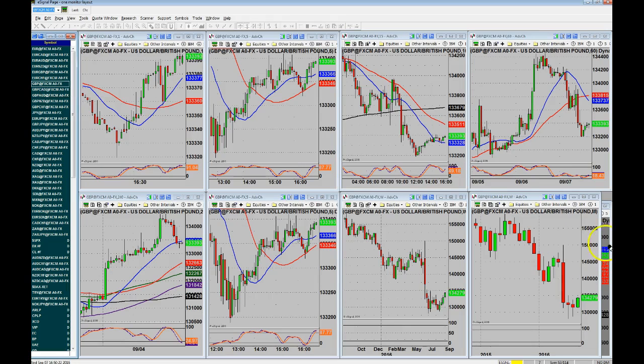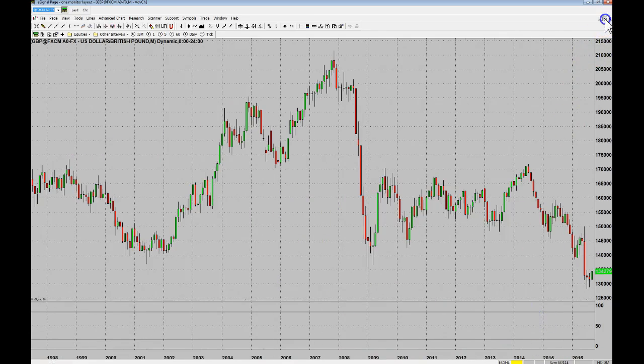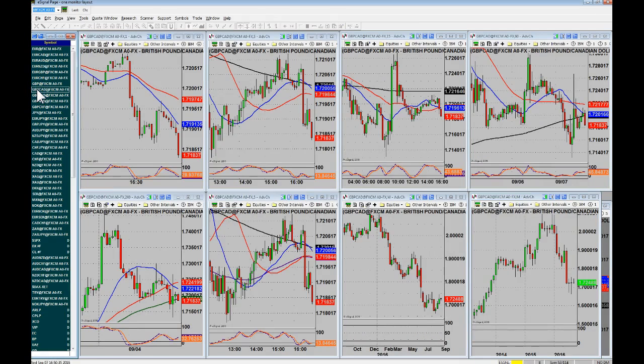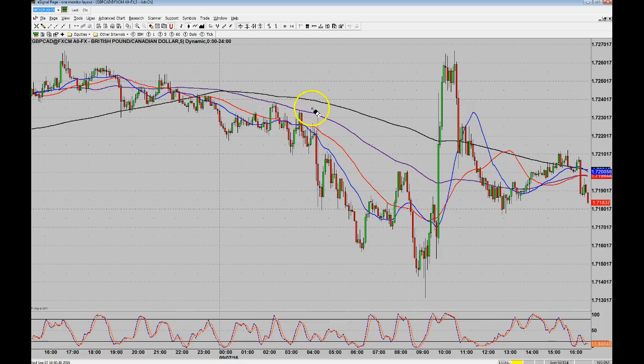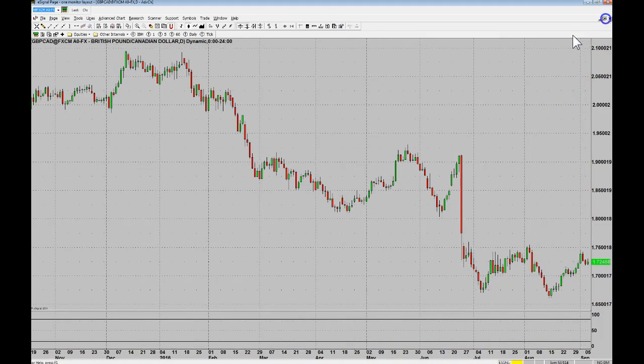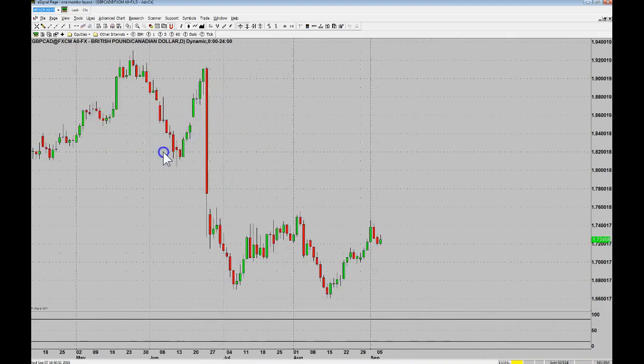I'll just find it. Is it going to be on this? No, probably not. I guess the best example that I currently have would be some of the CADs. I really hate looking at the yellow there. This is supposed to be daily. Am I correct?